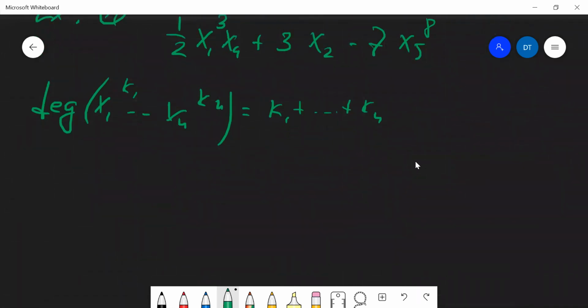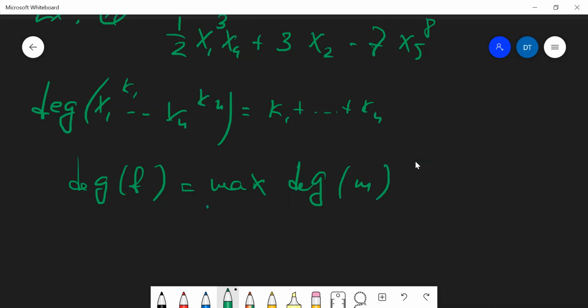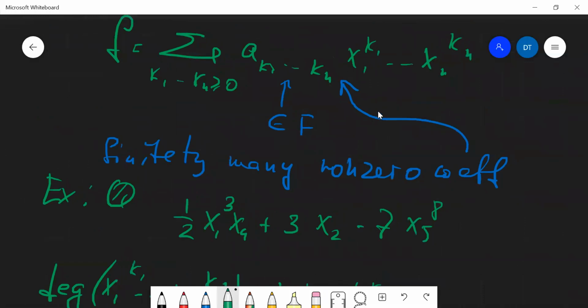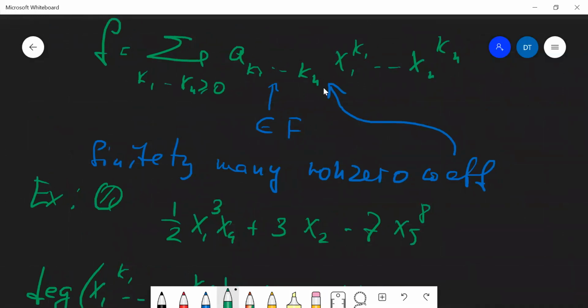And if you have a polynomial, then the total degree of a polynomial is the maximum of the degrees of all monomials m that appear in f, which means that in this sum, the corresponding monomial has a non-zero coefficient.